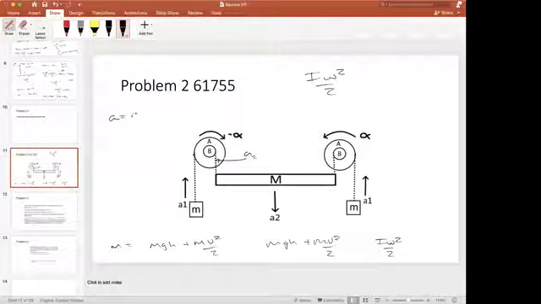A is not equal to R omega. A is equal to R alpha. V is equal to R omega, okay? So we can find them as long as we get our R's correct. We can get these in a form where we can put them all together. And we're going to see how to do that.